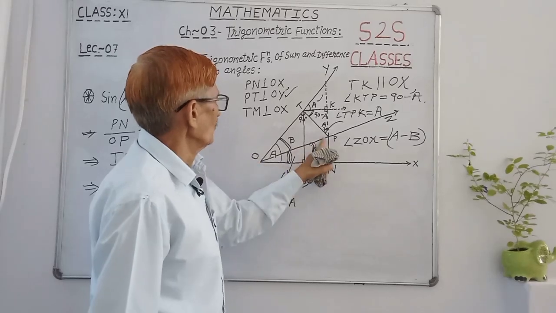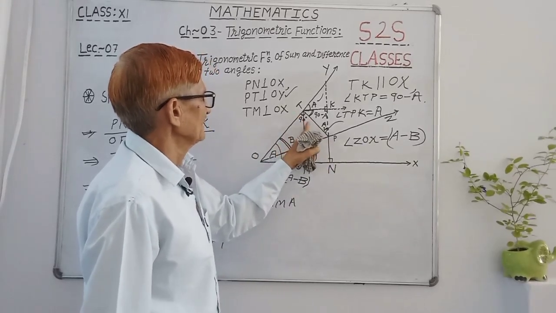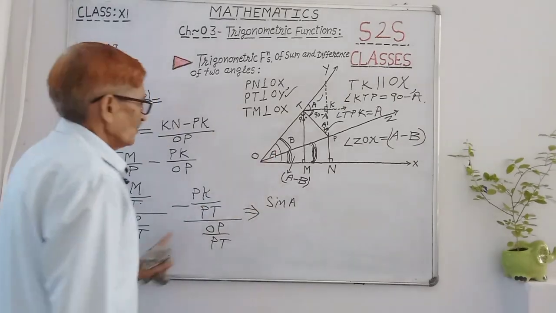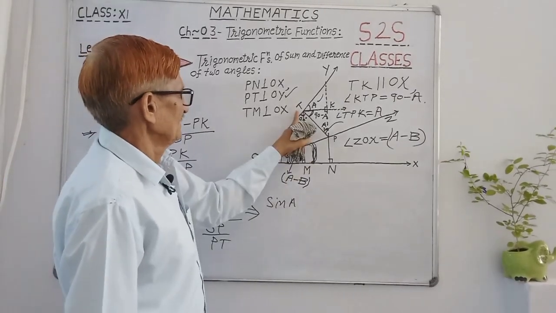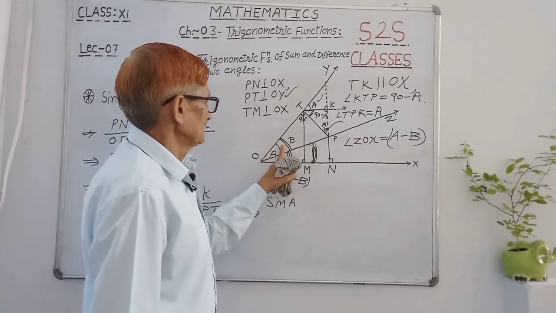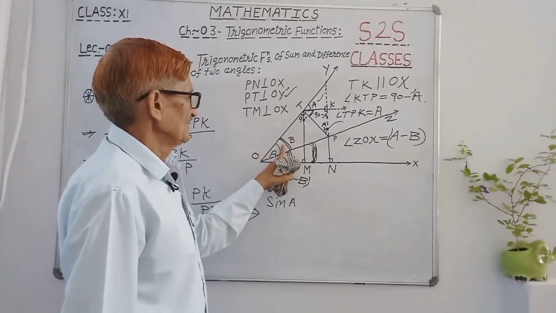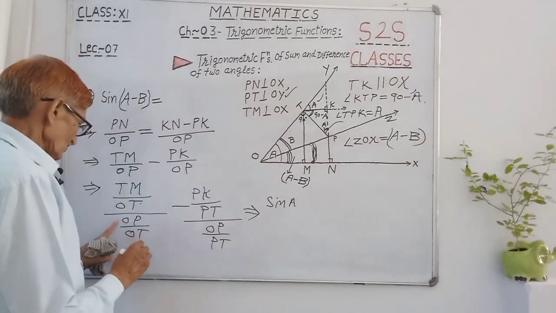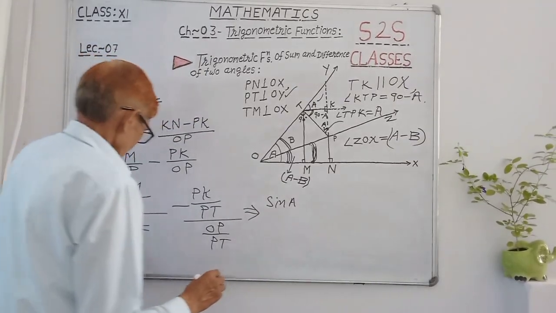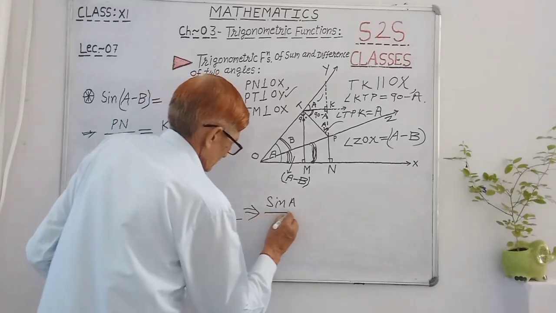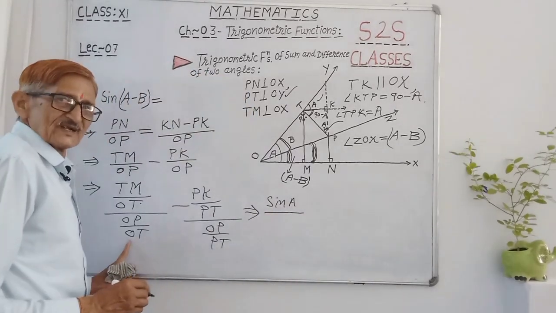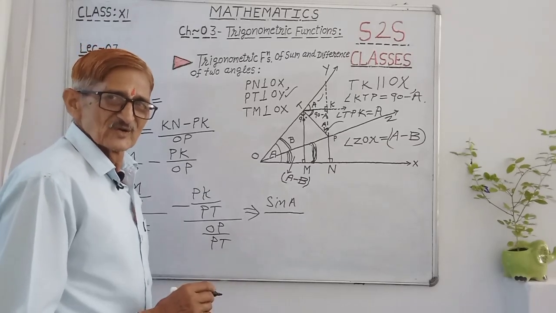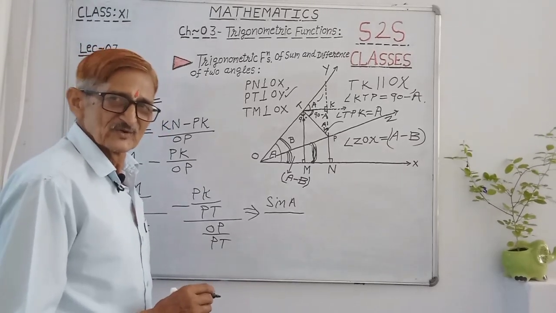In right triangle OPT, at the point T is 90 degrees, so OP is the hypotenuse and OT is the adjacent side with angle B. So hypotenuse upon adjacent is the reciprocal of cos, because cos is adjacent upon hypotenuse.